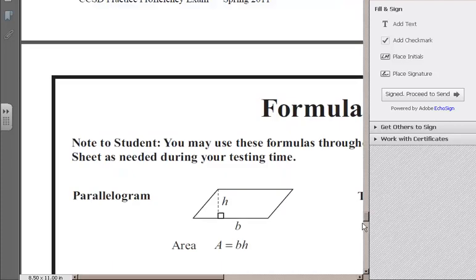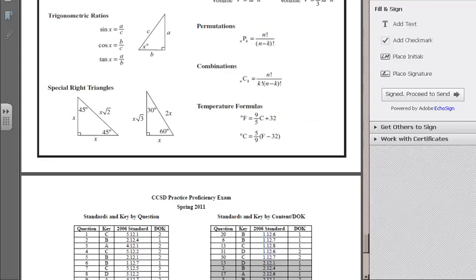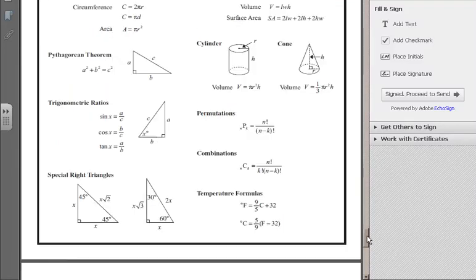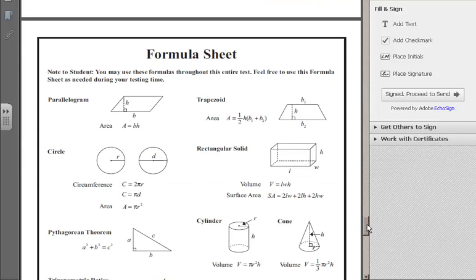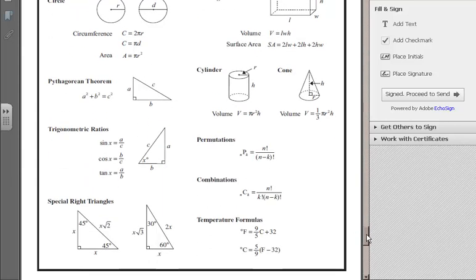You see, it's either in the front or at the end of your test, you will have this page with all the formulas that you will be tested on the proficiency exam. As you can see here, I got the cylinder and the cone. So if you don't remember this formula, don't give up. The formulas will be given to you either at the beginning or at the end of the test. So go and look for them, okay?